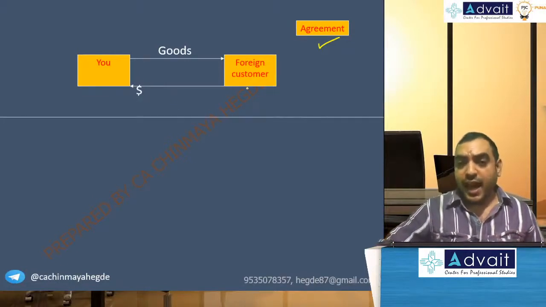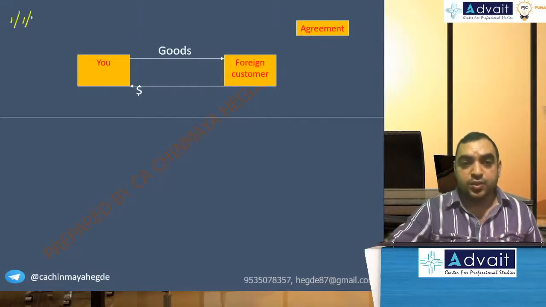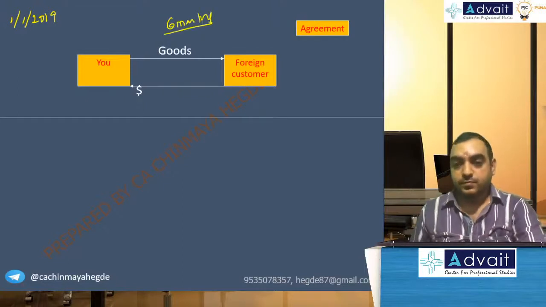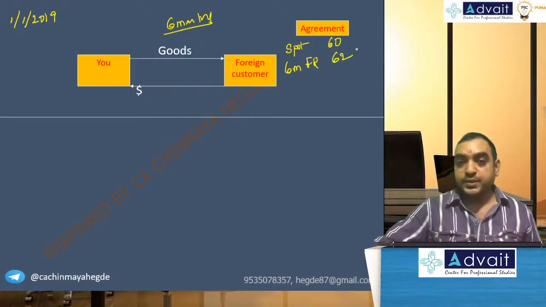Let's say this is 1st Jan 2019 and the agreement is for 6 months. As on this date, the spot rate is 60 rupees and the 6 months forward rate is 62 rupees.